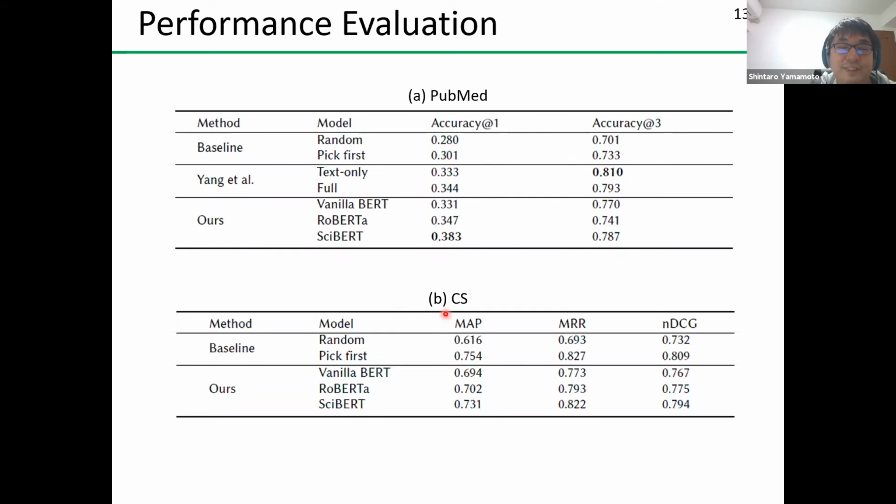For the computer science dataset, the SciBERT model also outperforms the other base models and random baseline. However, the pick-first baseline is stronger in this dataset. So we can infer that the papers used in experiments tend to show the overview of the paper at the beginning of papers.